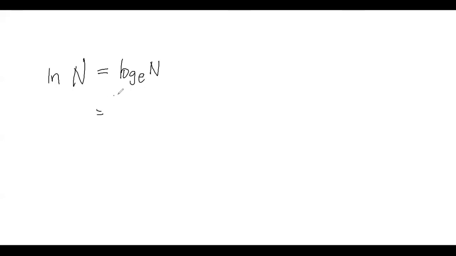Change of base, class. Let's apply it. So, it becomes log of n over log of e. Now, class, the log of e has a value, since e is a mathematical or irrational constant, 2.7182818. When we take the logarithm of e, what is it equivalent to?